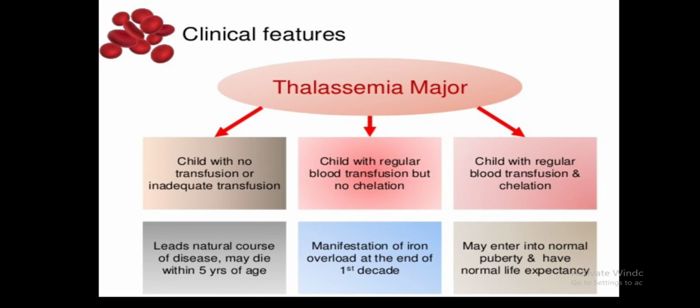So, regarding the clinical features of thalassemia major: in children with no transfusion or inadequate transfusion, there is severe anemia, and in the natural course of the disease the child may die within 5 years of age.